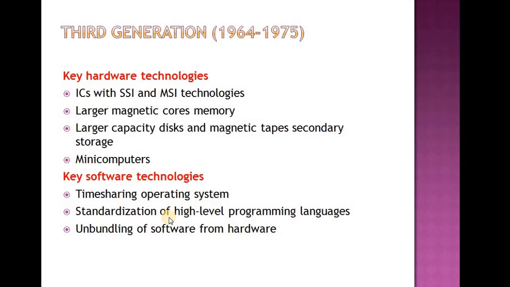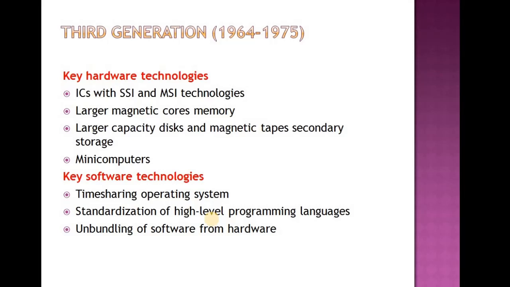The important thing that happened in this era was the standardization of high level programming languages. If you remember, we used high level languages like Fortran and COBOL in the previous generation.